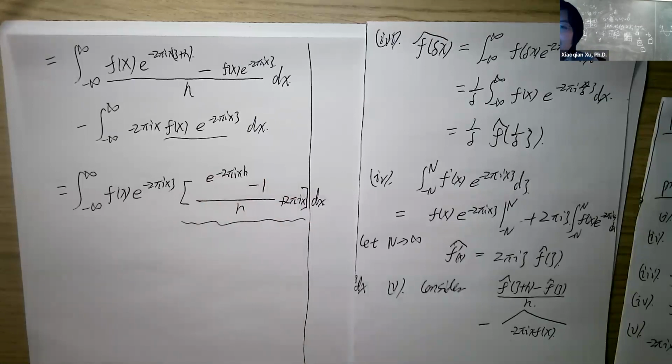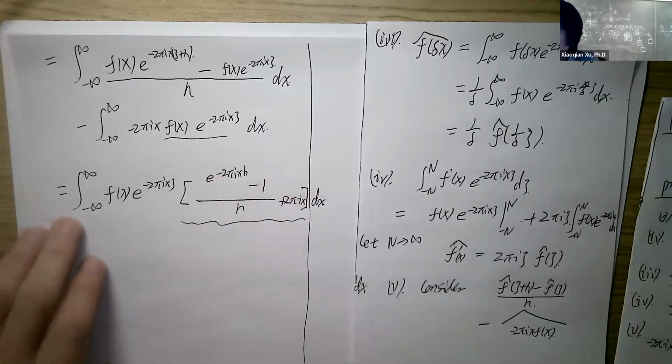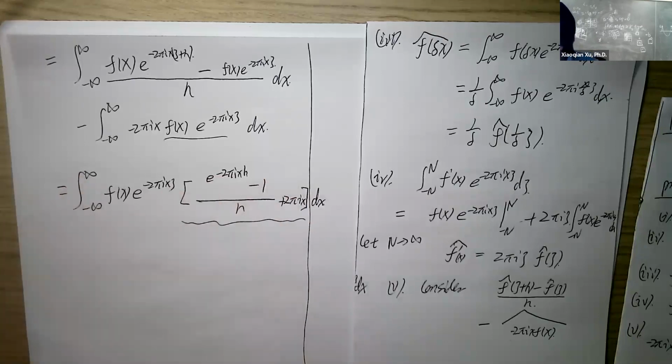But what if h does not tend to 0? Because you are taking this integral over x, if you want to say something about this, it's at least not so clear whether this will tend to 0 or not.